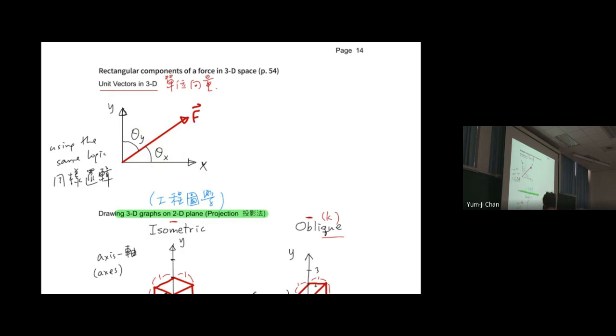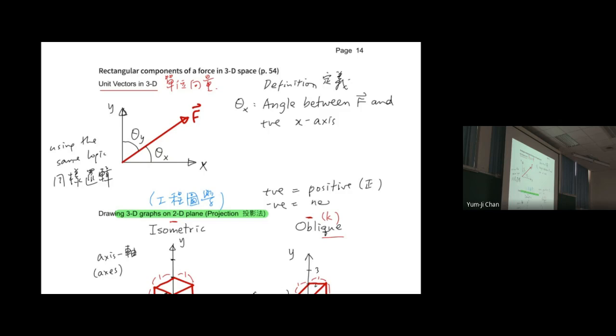So let's make a definition. Theta x is the angle between F and the positive x-axis.